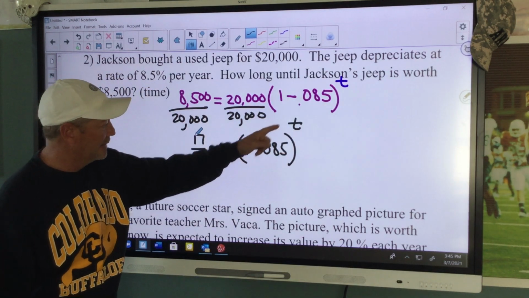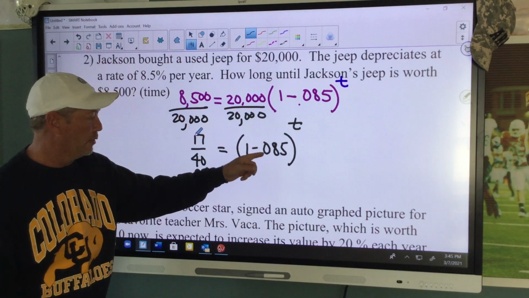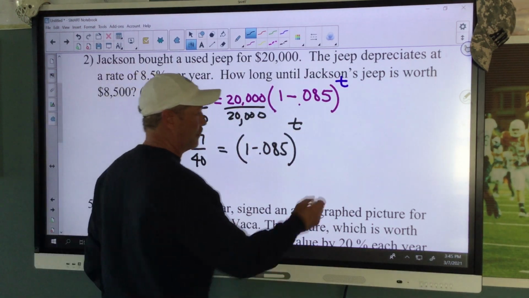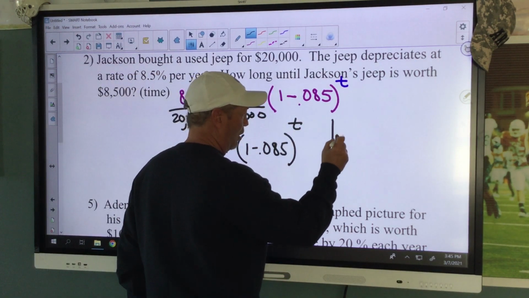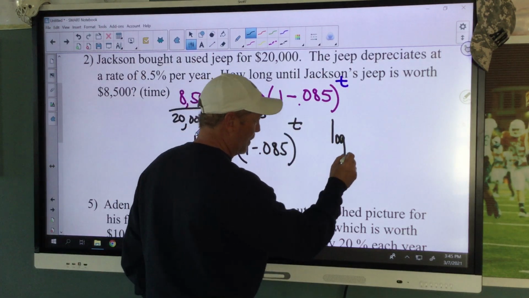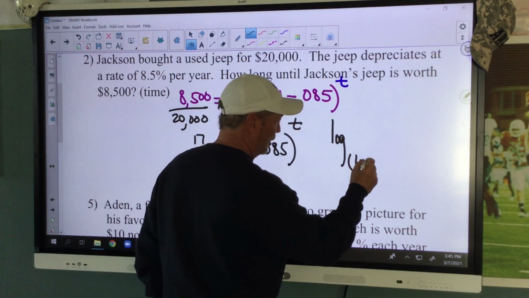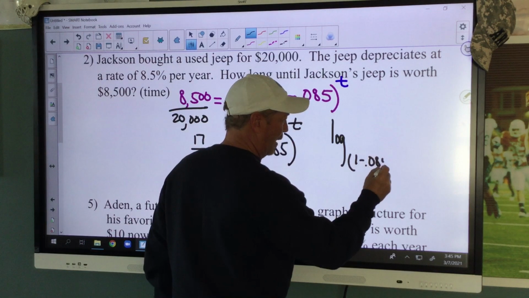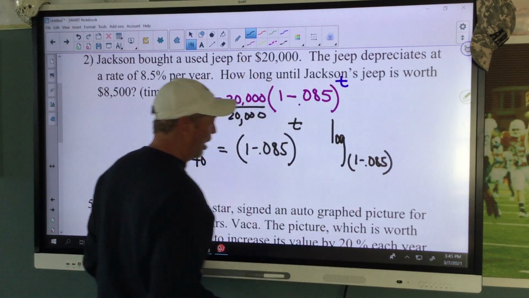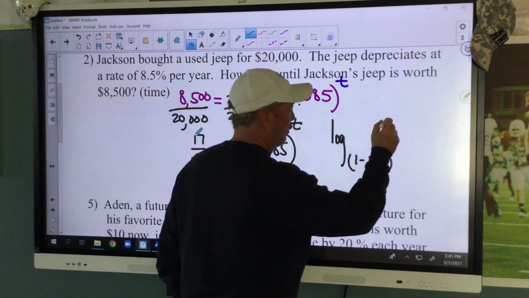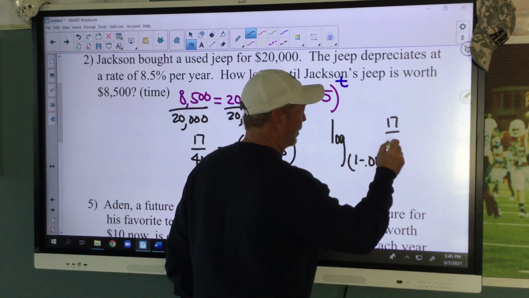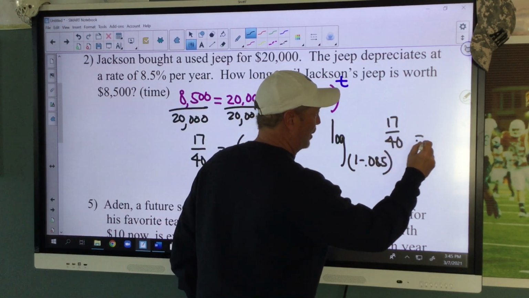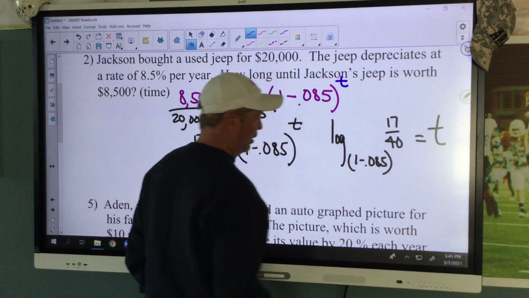This is my base, that's my exponent. So when you convert, your base will stay your base. Log base 1 minus 0.085, you can do the math if you need to, of 17 over 40, and that will be your time. That will be how long.